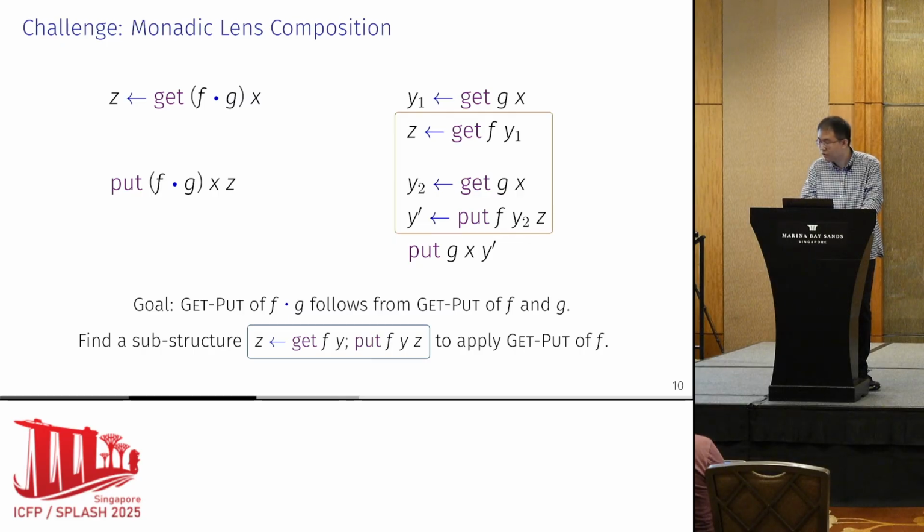And if we look at the right-hand side, we see this structure where we have this extra get-g in between. So it means that we cannot actually apply the get-put of f to simplify this expression. And all the reasoning is stuck, and we are out of luck.